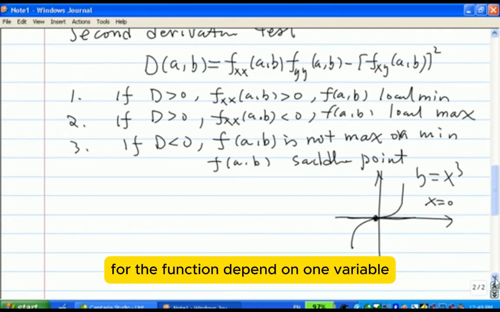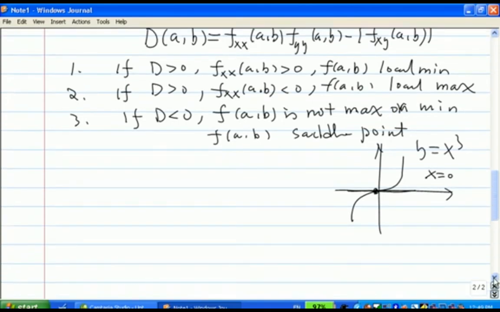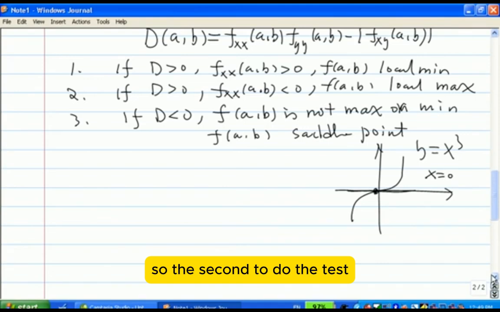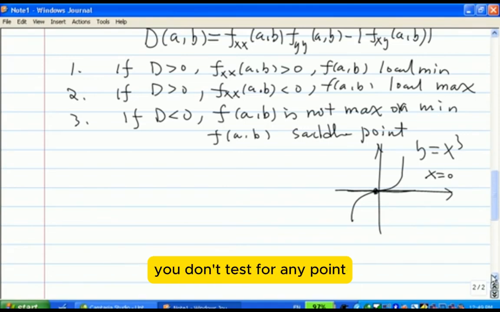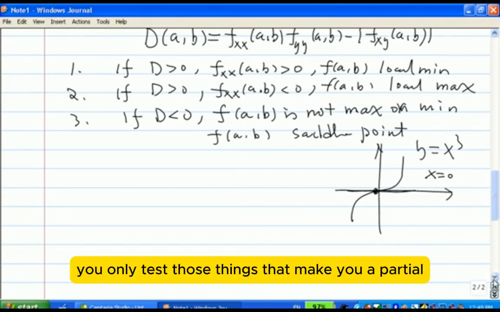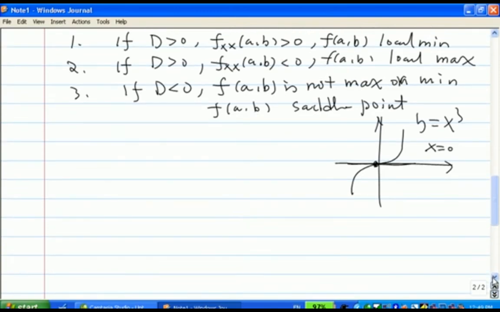For a function depending on one variable, it's hard for me to draw a surface. All right, so for the second derivative test, you only test on those critical numbers. You don't test any point. You only test those points that make your partial derivatives equal to zero.